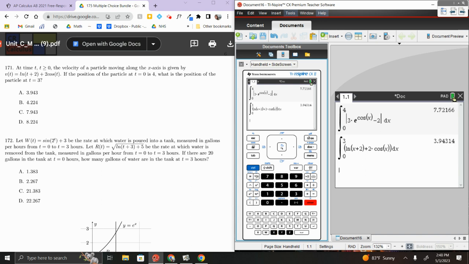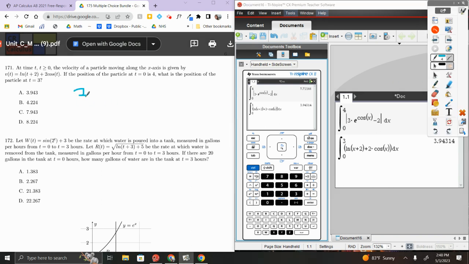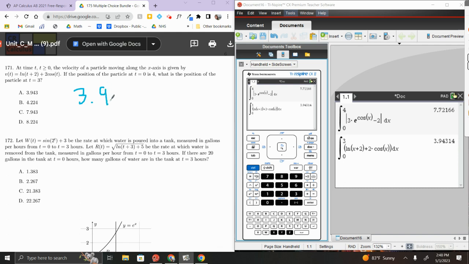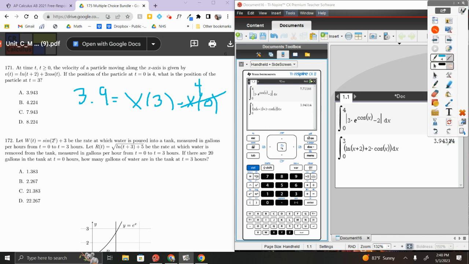So we get this 3.943, and that's going to be equal to the position at 3 minus the position at 0. And I know my position at 0 is 4. So that just means I have to add 4 to both sides here. So I'm going to take this 3.943, add 4 to it. You should get 7.943, which is C.